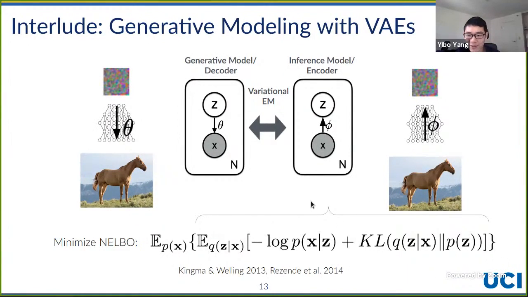Since this is a machine learning seminar, I assume you would be familiar with how this works. Briefly, the inner portion of this negative ELBO objective is measuring the KL divergence between the approximate posterior of the latent variable given X and the true posterior. This is on the right-hand side in this figure.